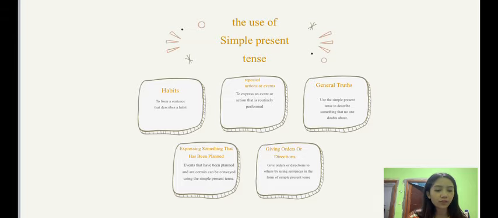Expressing something that has been planned. Events that have been planned and are certain can be conveyed using the simple present tense. And last, giving orders or direction. Give orders or direction to others by using sentences in the form of simple present tense.